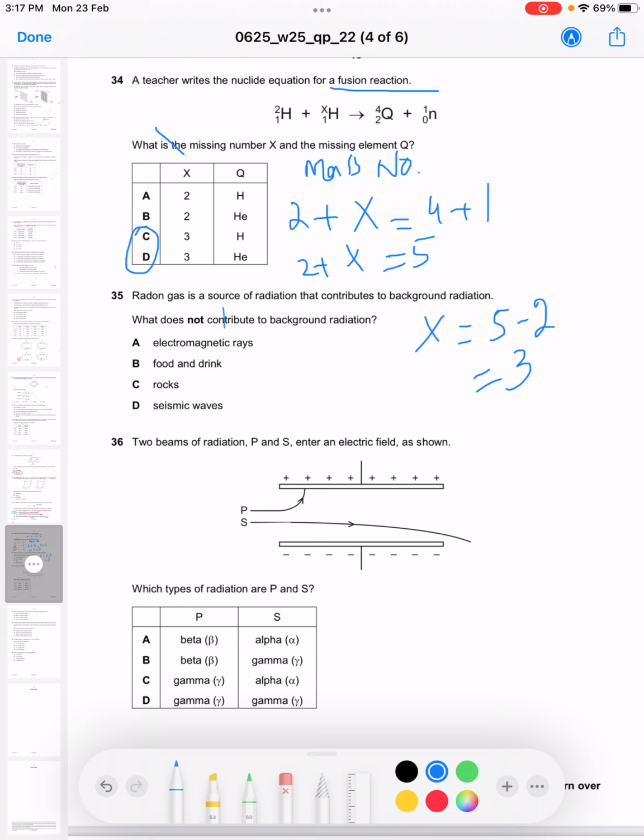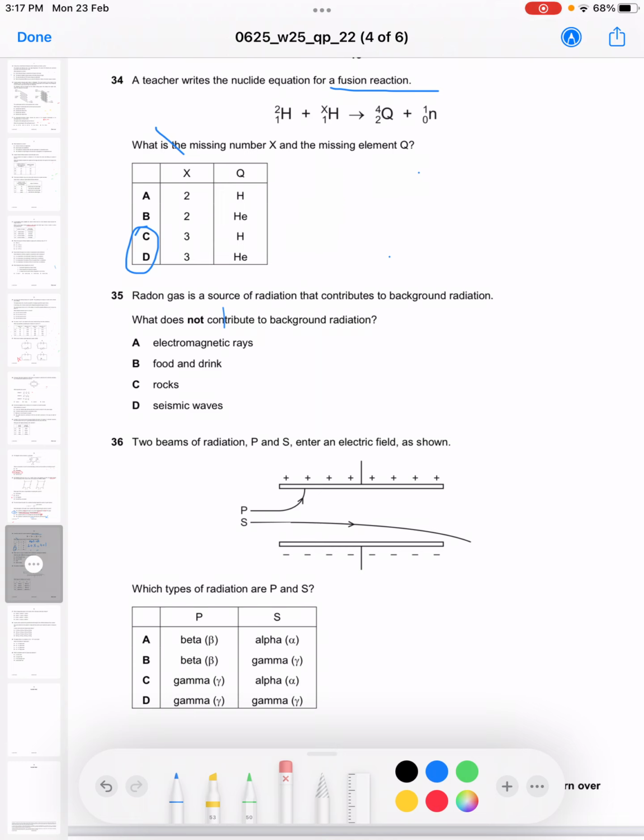Now for finding the missing element Q. Q is the element whose atomic number is 2. For finding the element, we don't focus on its atomic mass, we just notice its atomic number.